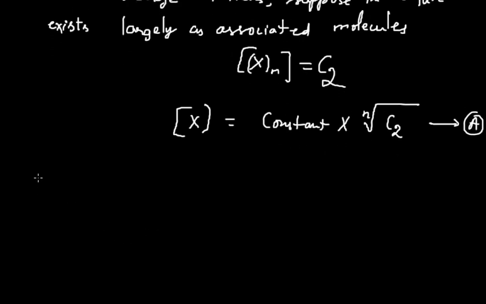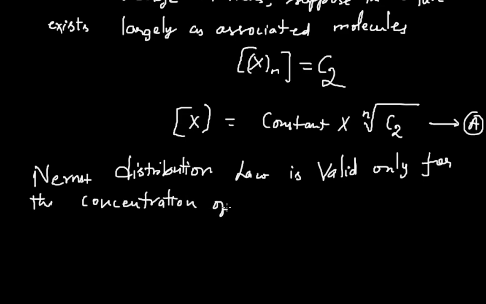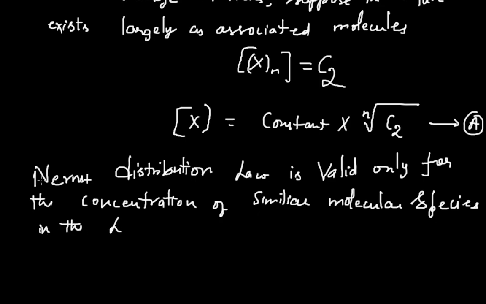Now Nernst distribution law, if you go back to the definition and introductory part, you will know that it is valid only for the concentration of similar molecular species in the two phases.